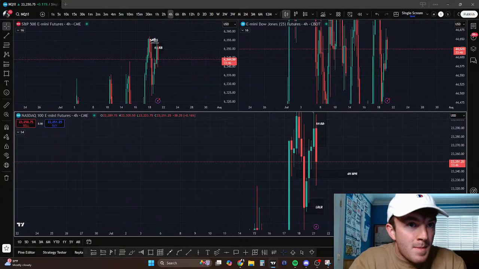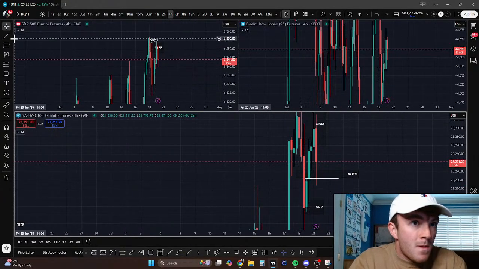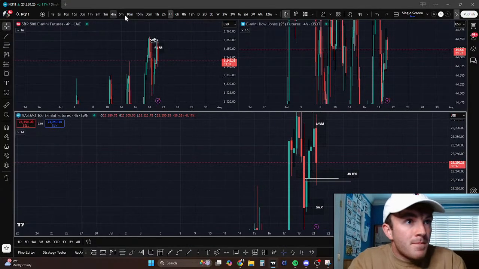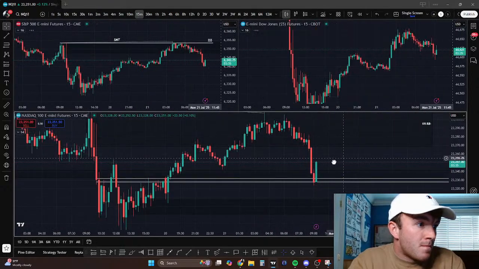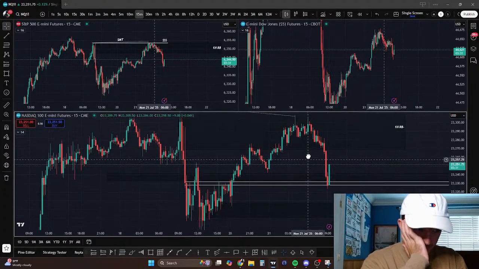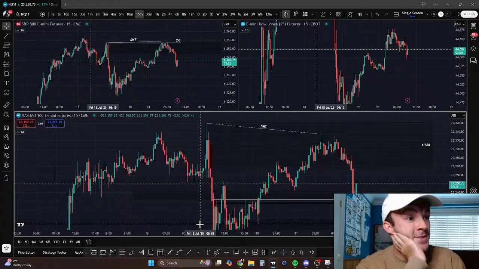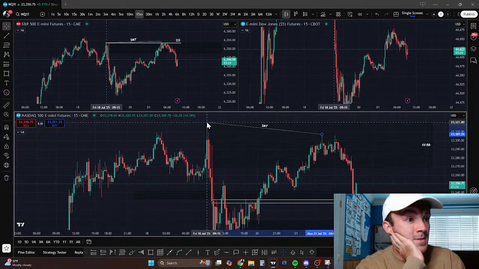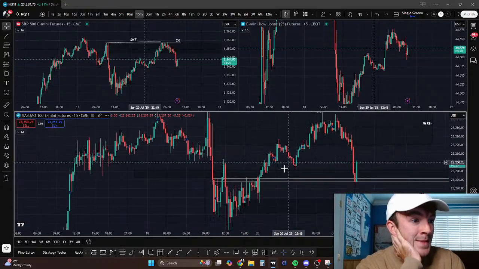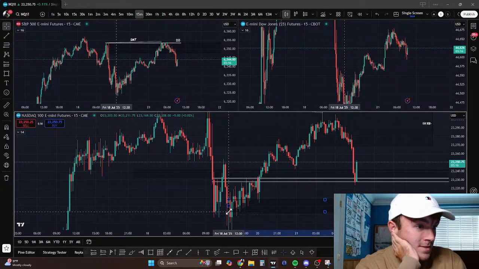And we have the volume imbalance below the BPR. Oh man, these low resistance lows look nice, dude. I don't know, man. I think I might be leaning towards these lows here.